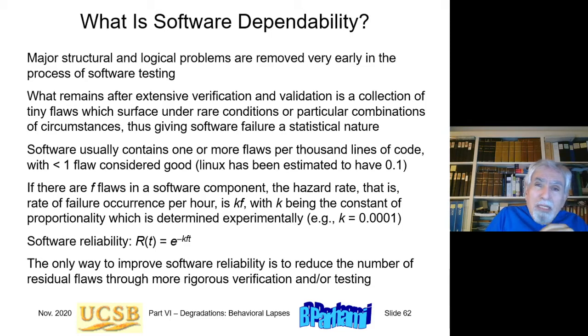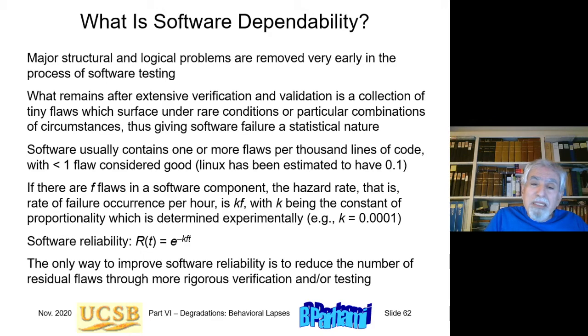Okay, so what is software dependability? In other words, do we have something like software reliability just as we had for hardware? Hardware reliability makes sense because we had this probabilistic behavior. We said we have a failure rate lambda for hardware, and then e to the minus lambda t is the reliability of the hardware.